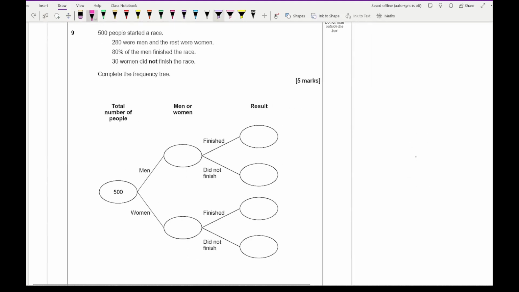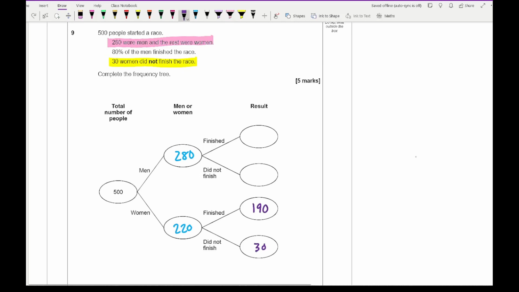So from this, we can see in our first bit of information, we've got 280 were men. So this is going to be 280, which means that the women is going to be 220. Now, it also says that 30 women did not finish the race, so this is going to be 30. That means that this number here is going to be 190.